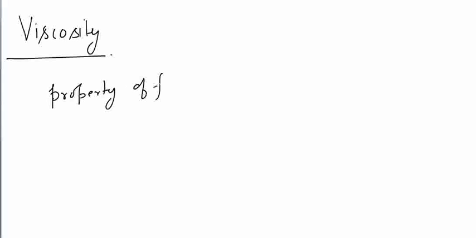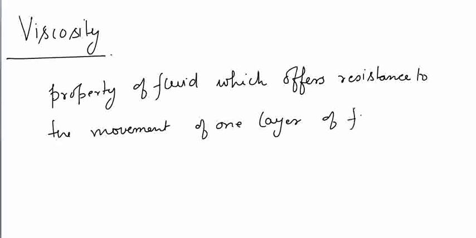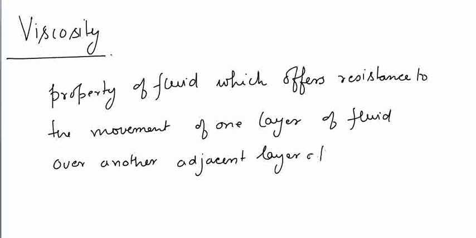Now let's start with another important topic, which is viscosity. Viscosity is defined as the property of fluid which offers resistance to the movement of one layer of fluid over another adjacent layer of the fluid.